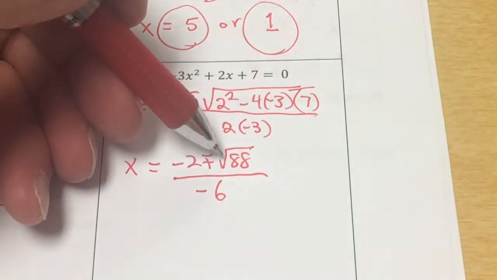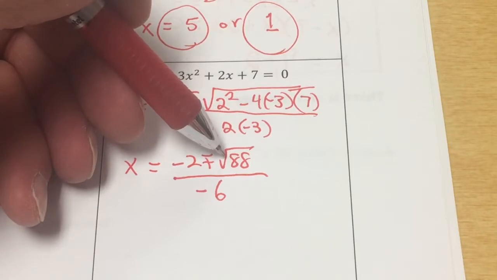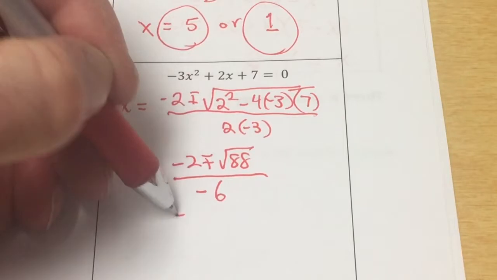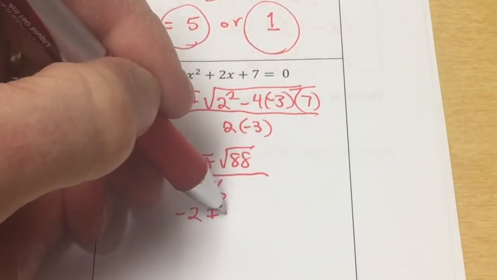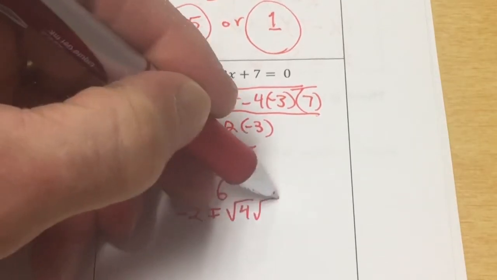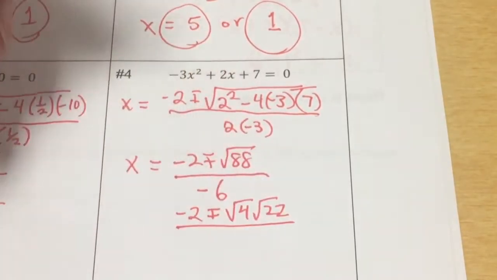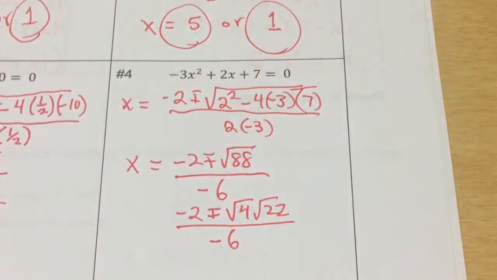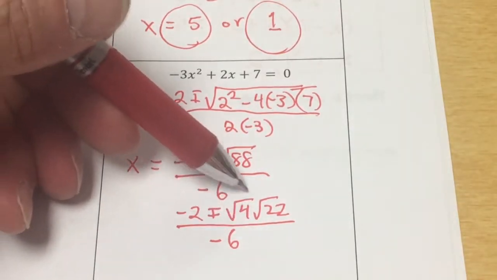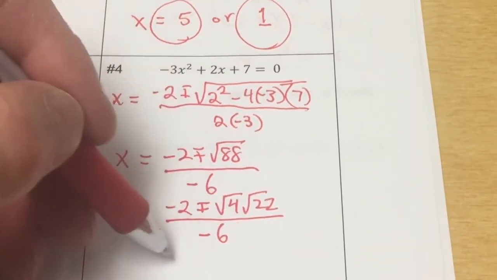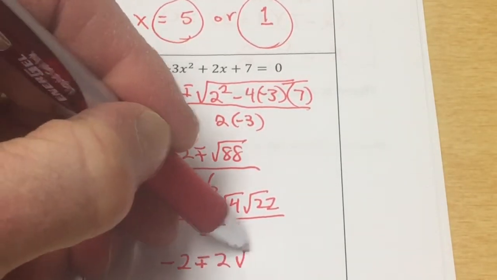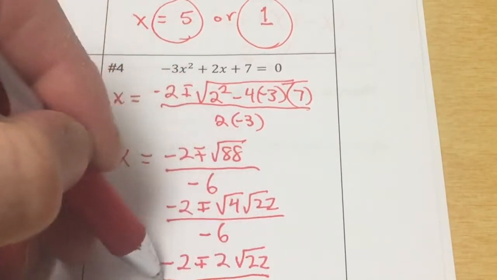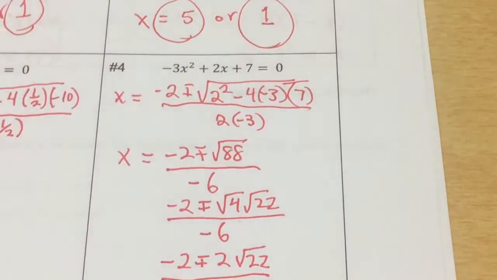Now 88 I can see has a factor of 4 in it. So I think we're going to have to say that's 4 times 22. So negative 2 plus or minus the root of 4 times the root of 22, and still leave negative 6 on the bottom. But this square root of 4 can become a 2. So plus or minus 2 root of 22, over negative 6.